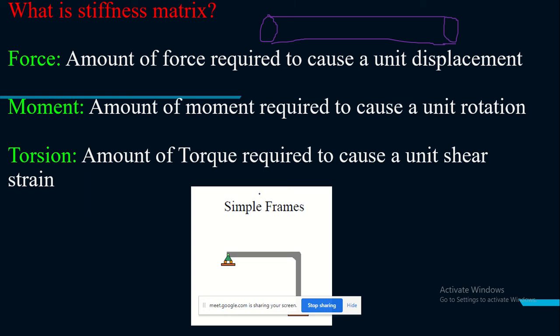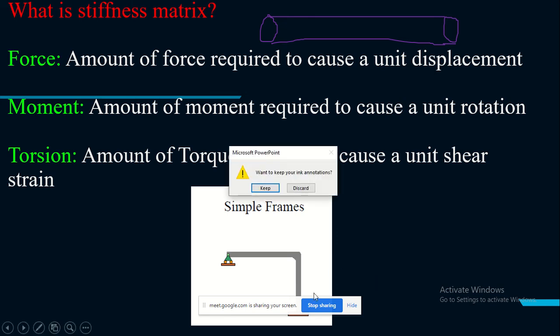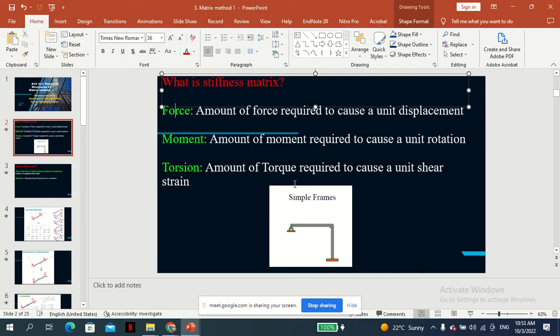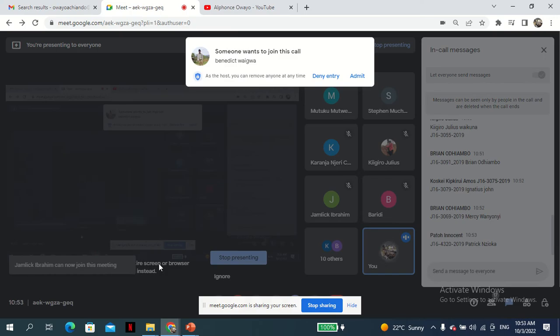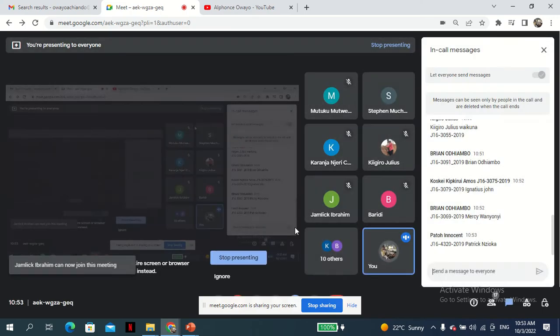You know you're interrupting me. I keep going back and deleting what I have drawn because you don't want to keep time. Everyone wants to talk. Class rep, this has to be controlled because we seem to be wasting a lot of time.